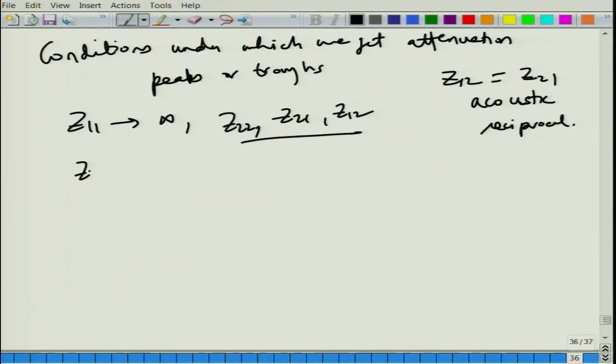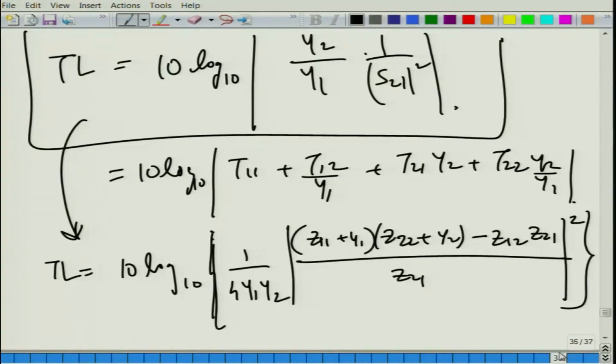Okay. Other condition, of course, is Z22 going to infinity and Z11, Z12, Z21 all finite. And what is the other condition where you have your attenuation peak?